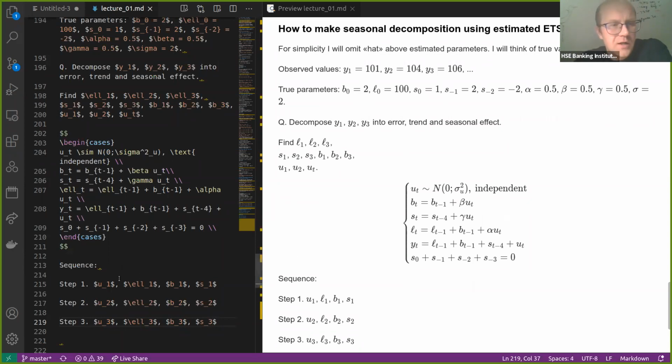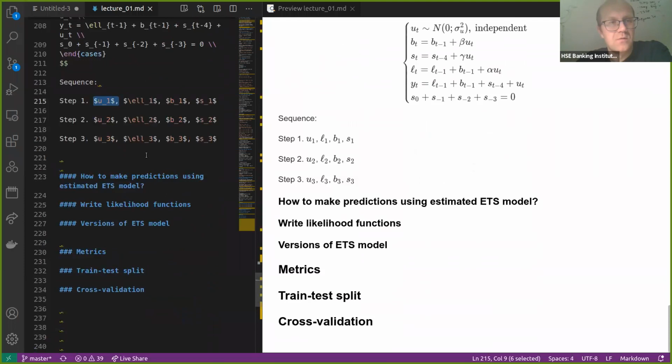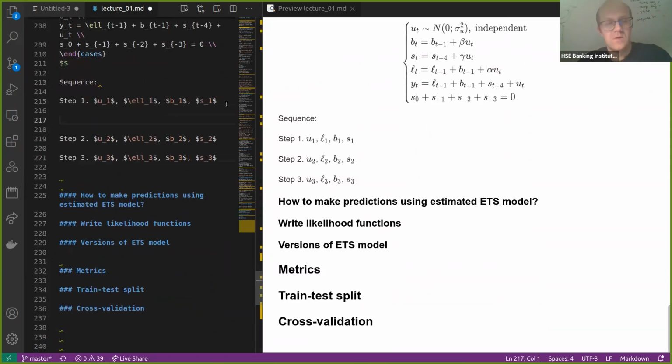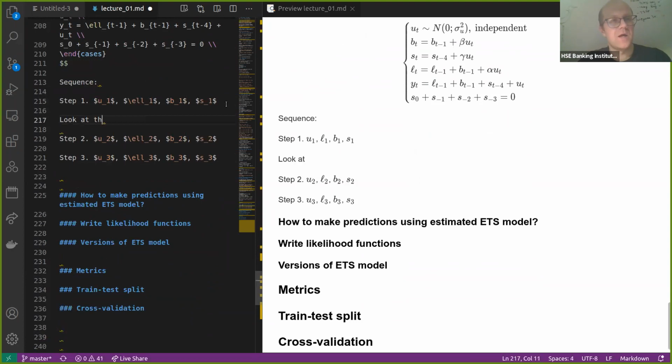Okay, who can tell me which equation allows me to find U1? There are a lot of equations, but look carefully at them. Which two equations allow you to calculate U1? Yeah, exactly. If you look at the equation for Y, step 1, look at the equation for Y_t.